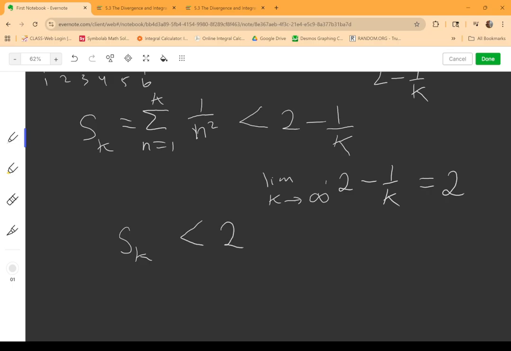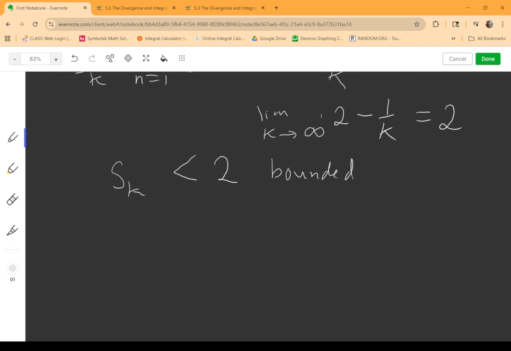Now notice, different than before, here I have bounded my sequence from above. Now that's not enough to tell me convergence, because it could be oscillating between values.